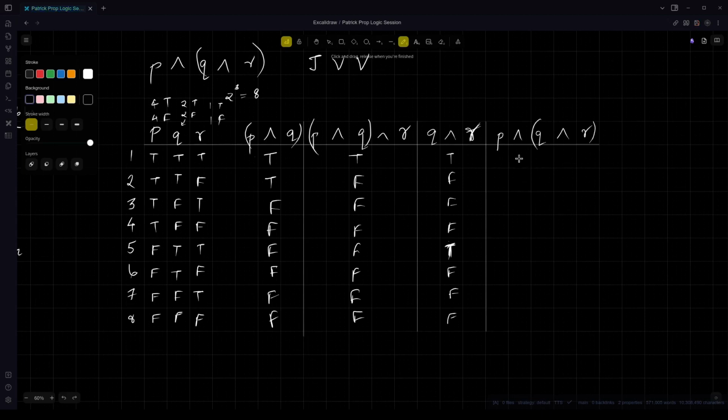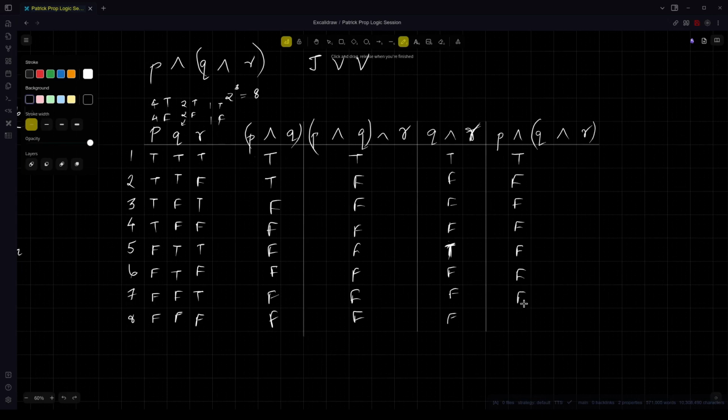Okay, so what would this be? So now we're reading all the way from the first column on the left where the P is, and the Q and the R. So yeah, this is true. Then false, false, false, false, false, false, false.